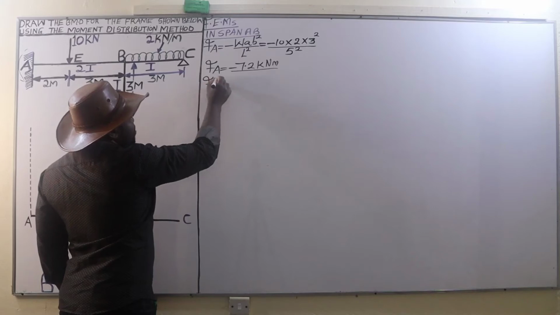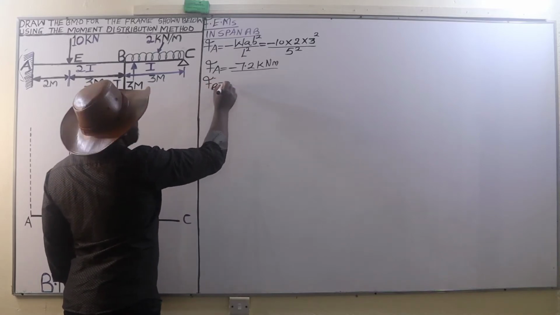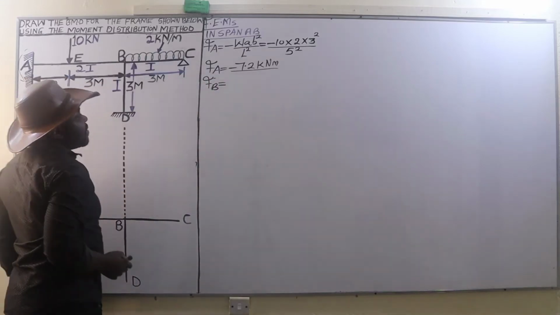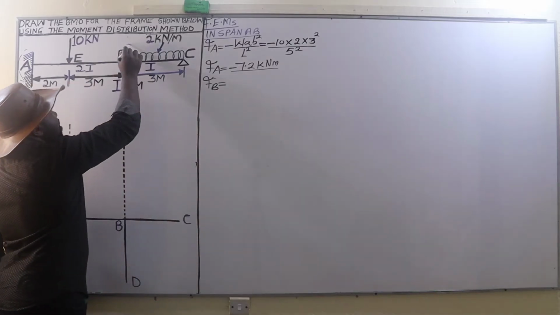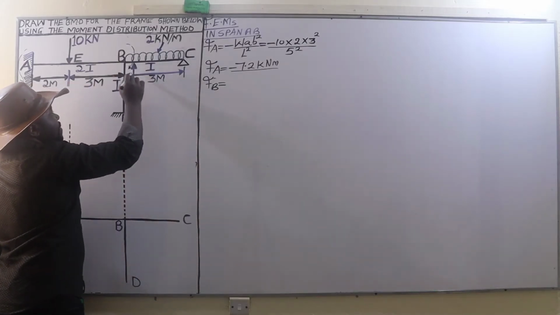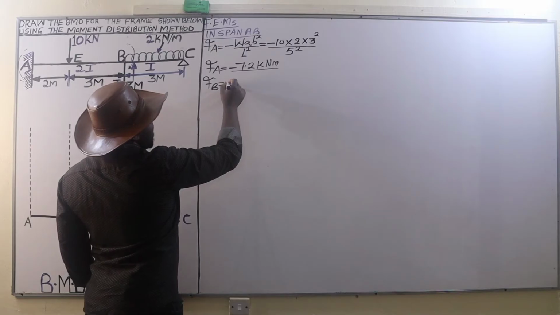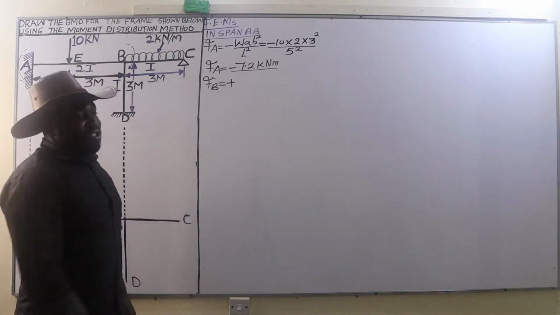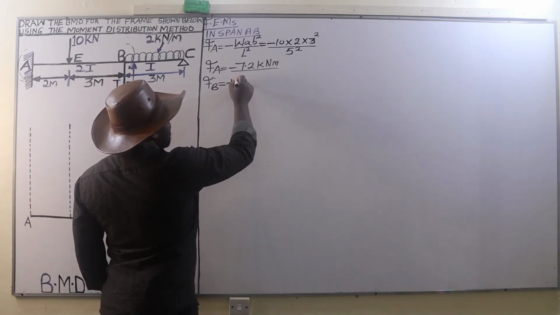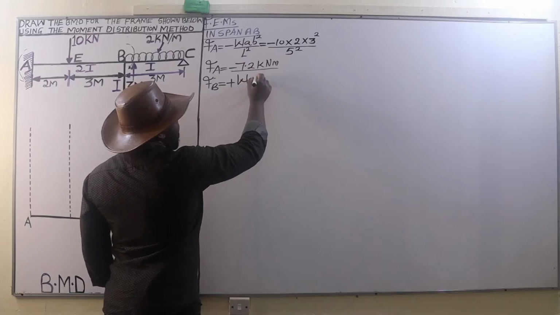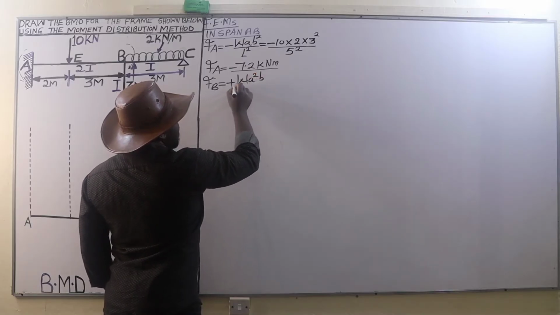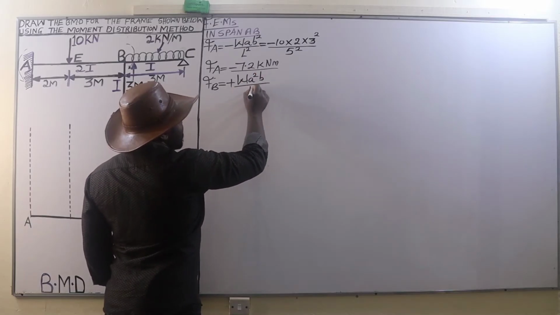Then from there we go to the fixed end moment at B, which is going to be a clockwise moment. And for a clockwise moment, the moment is going to be positive, and it will be given by this formula, W A squared B, divide this by L squared.